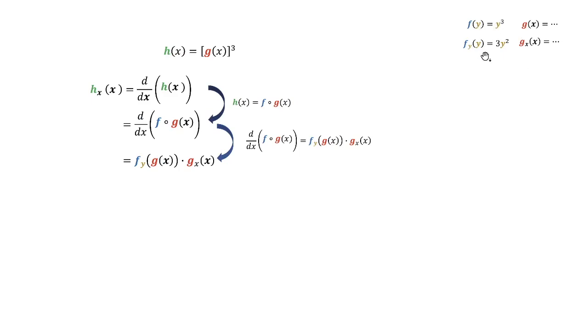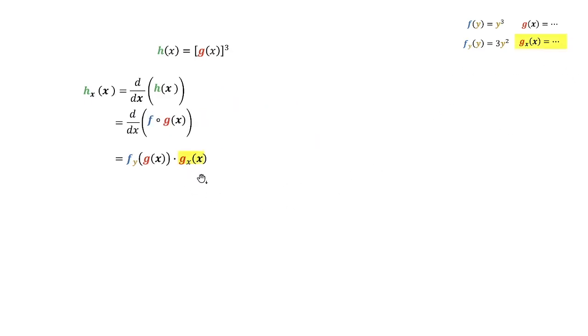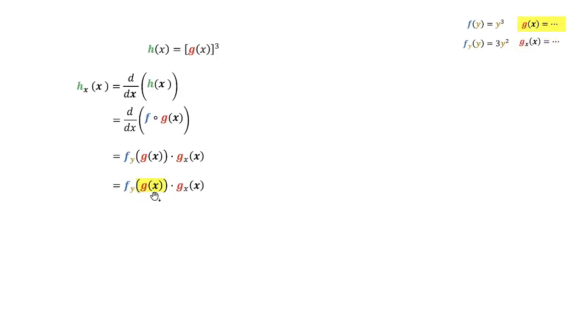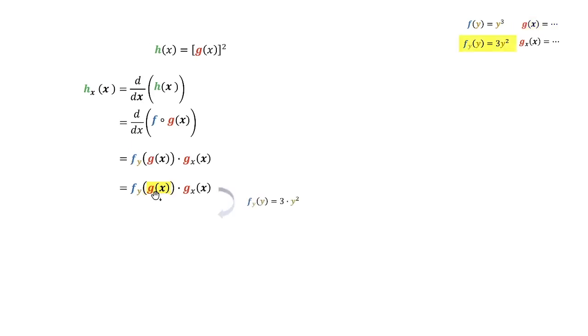But again, we get this table of data, just as we had with the regular chain rule. I have the function, its derivative, g and its derivative, and I have the chain rule. Every time you use the chain rule, it has to be composition of functions. I'm just going to plug the data we have into this rule, and that's it. g of x is g of x, there's nothing I can say, just leave it alone. f'(y) is this function. y here is just a box, a placeholder.